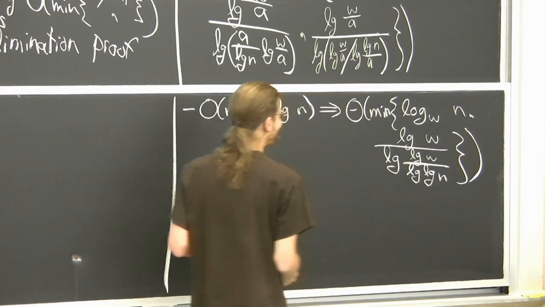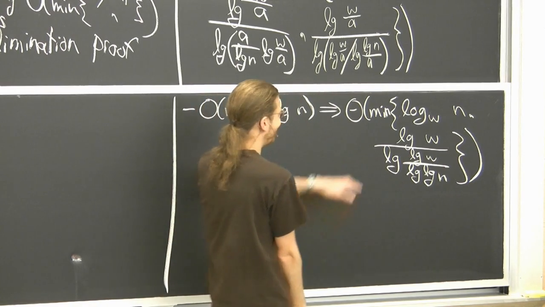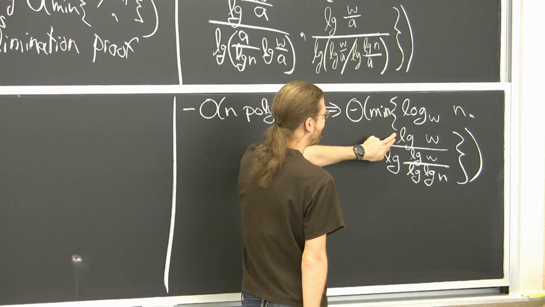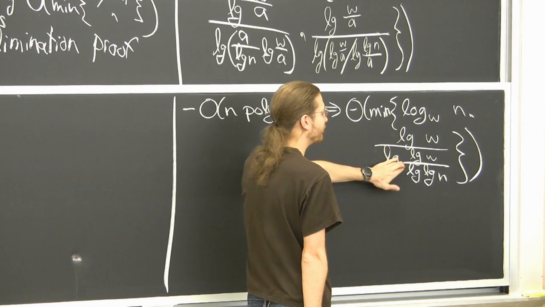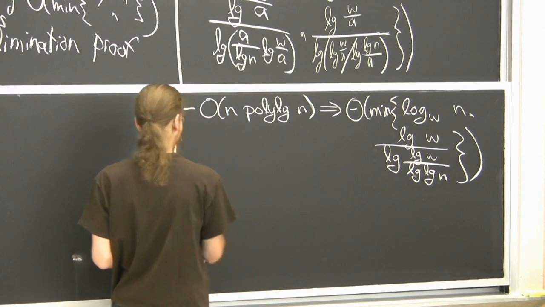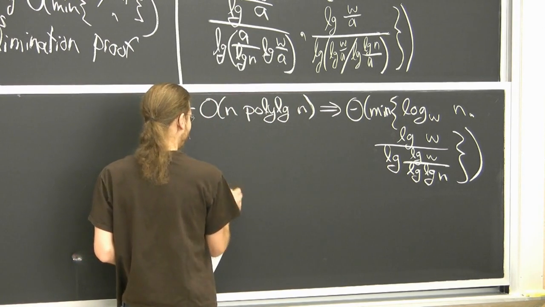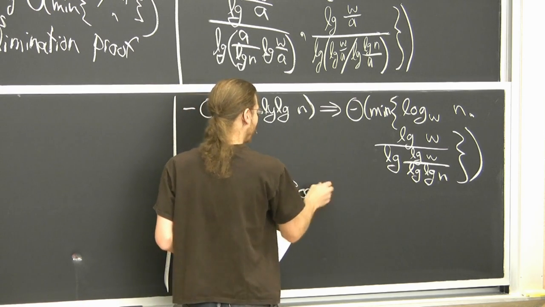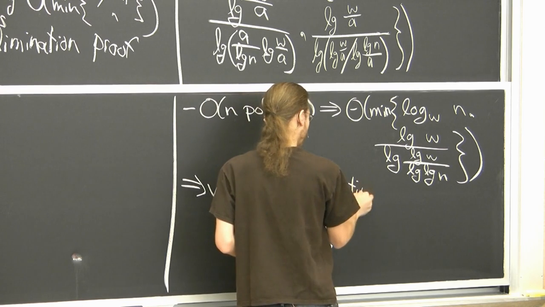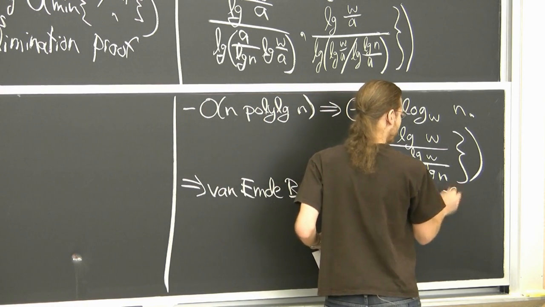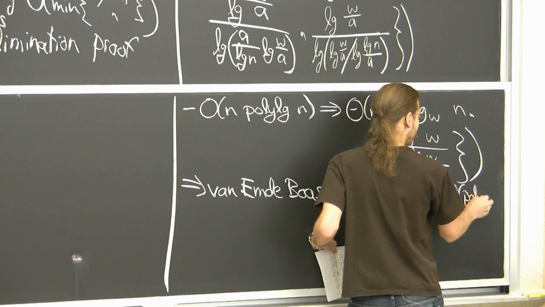I think I stated this 2 lectures ago. So log w is what we know how to do. This is a very small improvement. Let me state another consequence of this, which is Van Emde Boas is optimal for w polylog n.